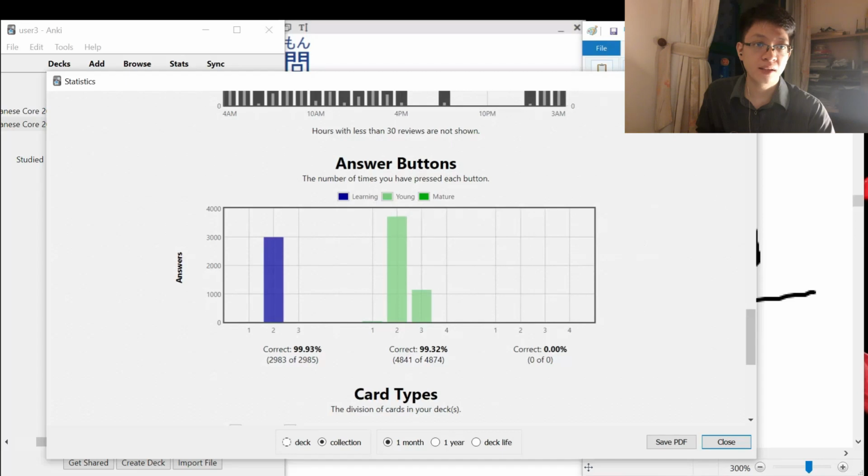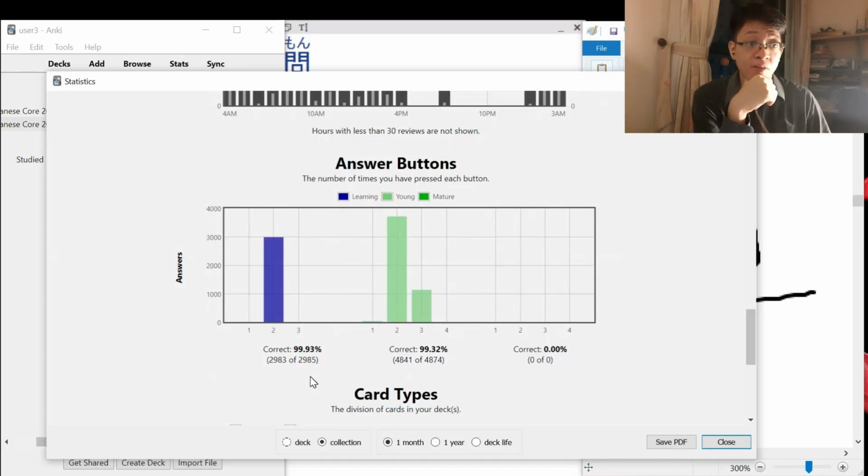Answer button press. Okay, so for learning, according to this, there are 2 times that I didn't press the good button. So there's actually a time I didn't press the correct button.